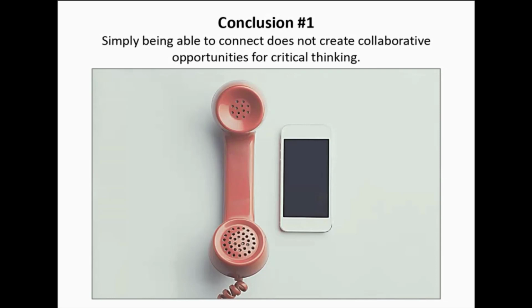So it is not as simple as being able to connect and communicate with people for us to be able to think critically. We need to remember that just simply having the technology is not the answer.